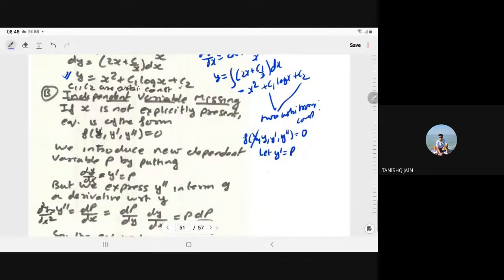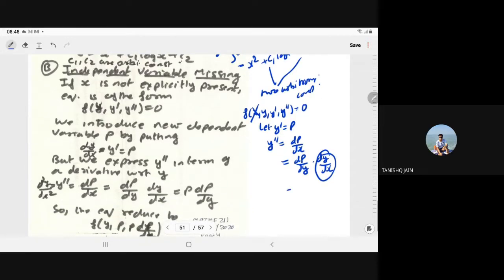So it can be written as y double dash is equal to dp by dx. As you have seen earlier, this dp by dx can be written as dp by dy into dy by dx. And dy by dx is the p. So it can be written as p dp by dy.